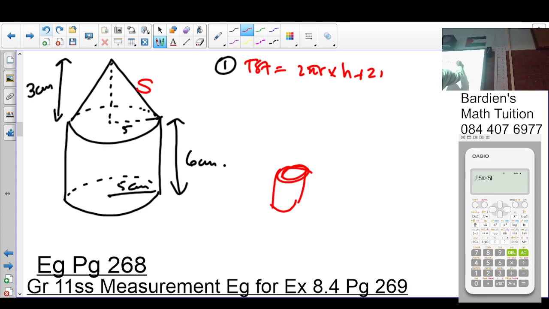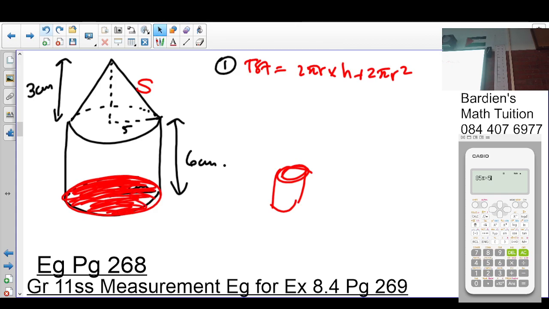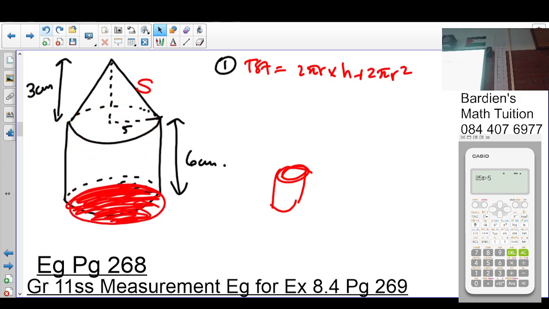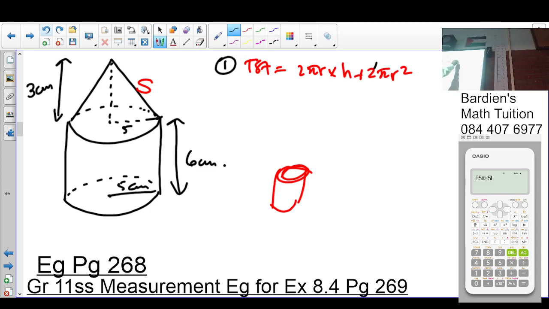Twice area of base is going to be 2 pi r squared. So if you look at this base here, this is at the bottom of the shape. Remember that the cone is glued on top of the cylinder. So would I consider that there? No. So instead of having twice area of base, I'm going to only consider the base once. So I'm going to take one of it away there. It's going to be pi r squared.